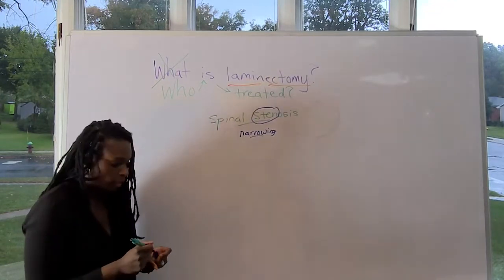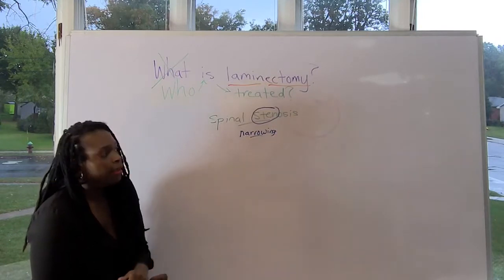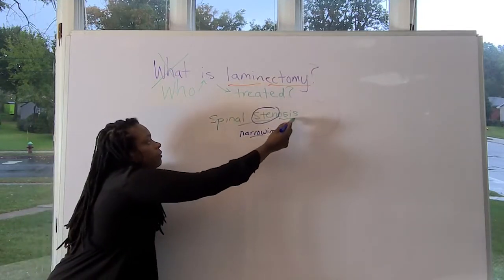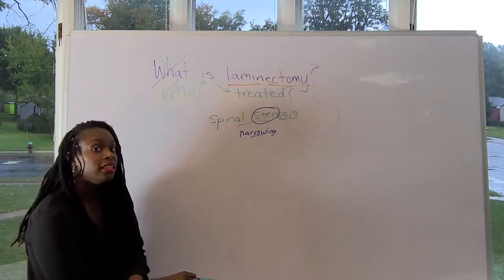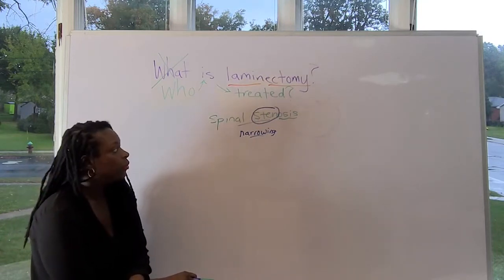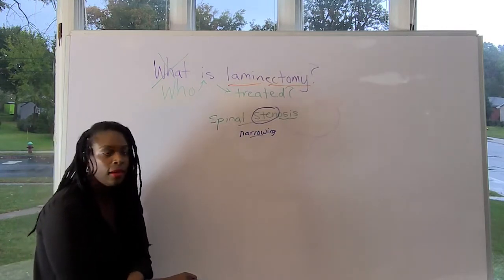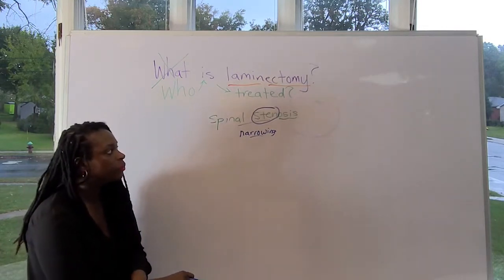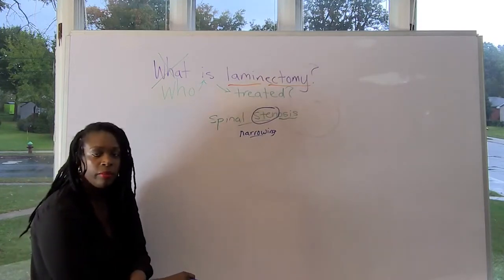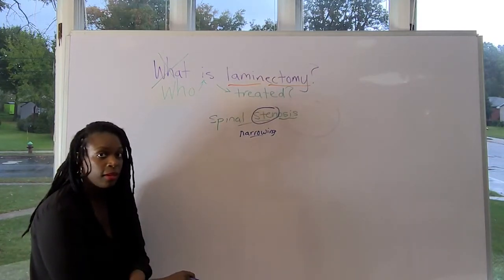And O-S-I-S means condition. So a condition of narrowing of the spine. Someone that has spinal stenosis would be a candidate, depending on the severity, for a laminectomy. From a coder perspective, which I am, or an OTR perspective, you simply need to know that spinal stenosis is the narrowing of the spine.